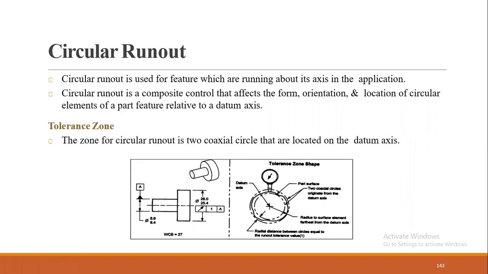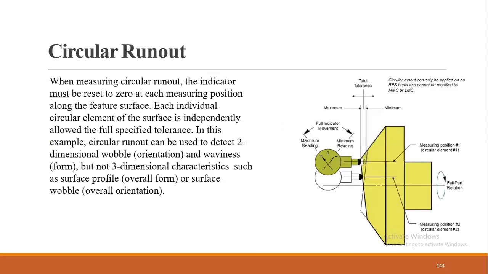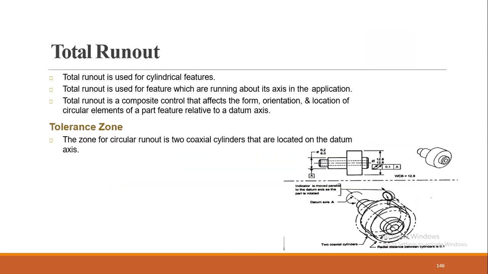If this circle's surface stays within these dotted circles, then it's acceptable. If any one portion or one corner goes under the inner circle or goes outside the outer circle, then it's not acceptable. So it's called circular runout. It's a total runout, from start to end.